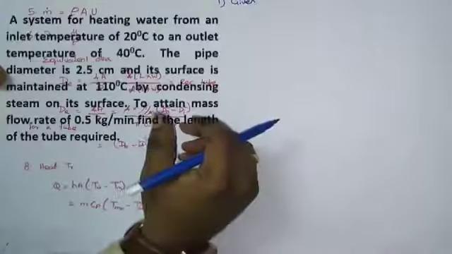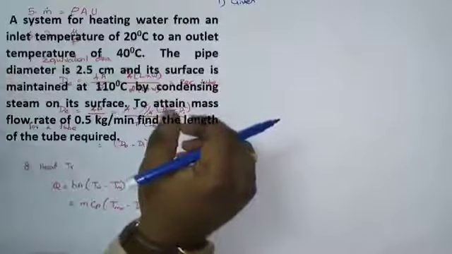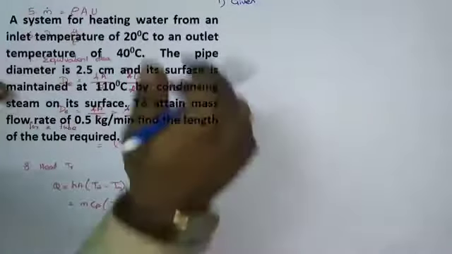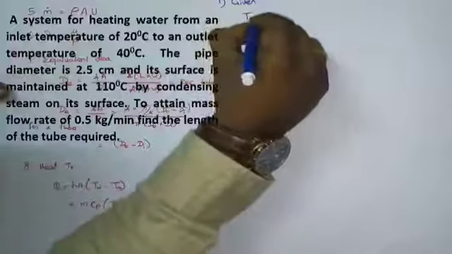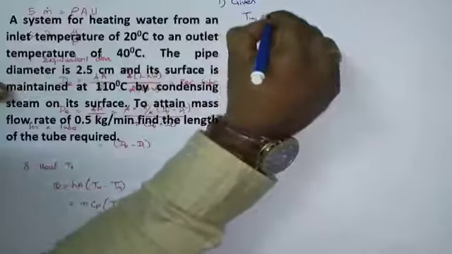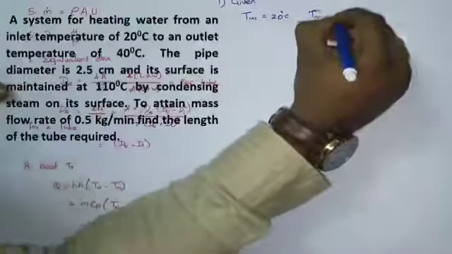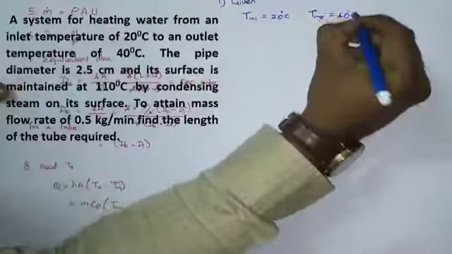In the first problem, it is given a system for heating water from an inlet temperature of 20 degrees Celsius to an outlet temperature of 40 degrees Celsius. So Tm inlet temperature is equal to 20 degrees Celsius, Tm outlet temperature equal to 40 degrees Celsius.